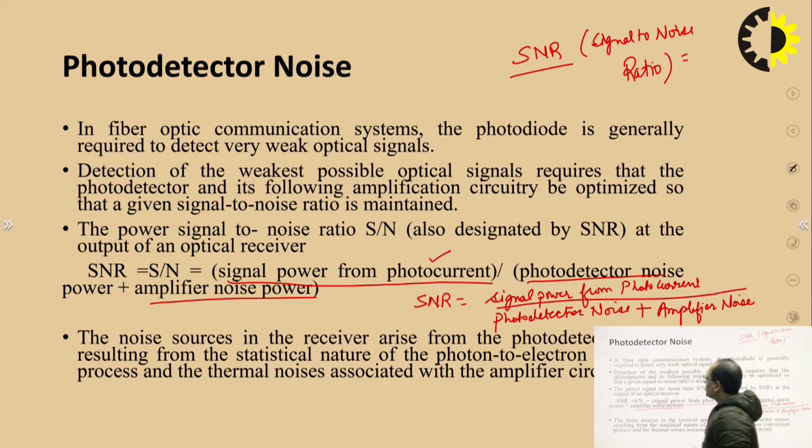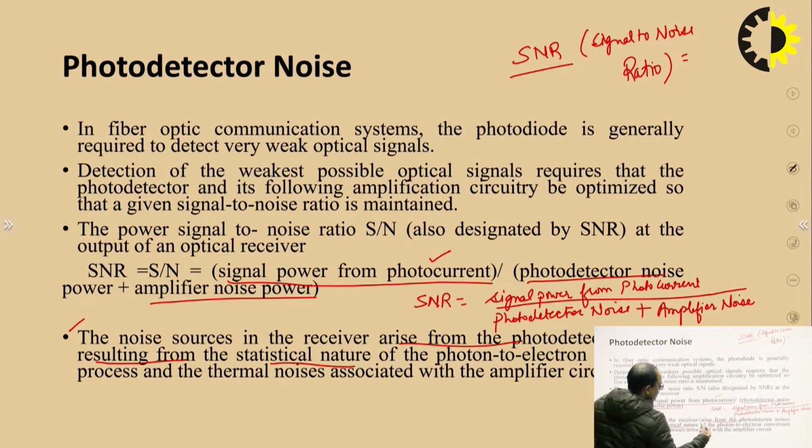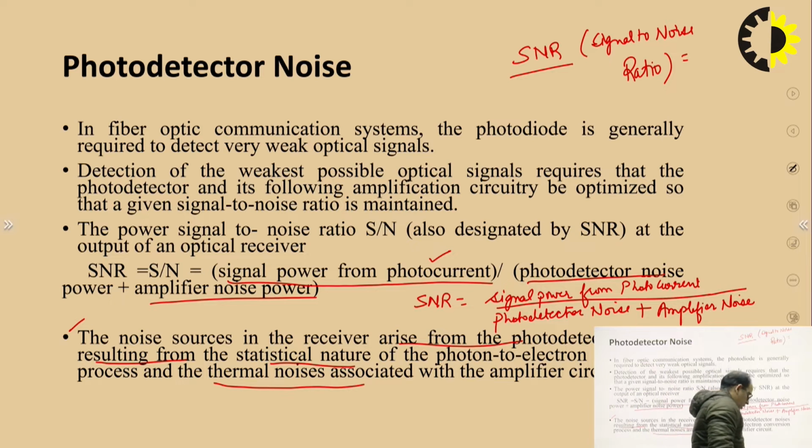Clear? So these noise sources in the receiver arise from the photodetector noises resulting from the statistical nature of the photon to electron conversion, and also due to the thermal noise associated with the amplifier.